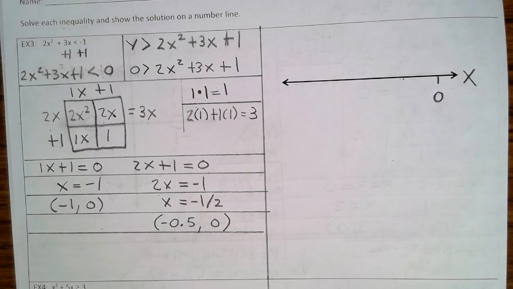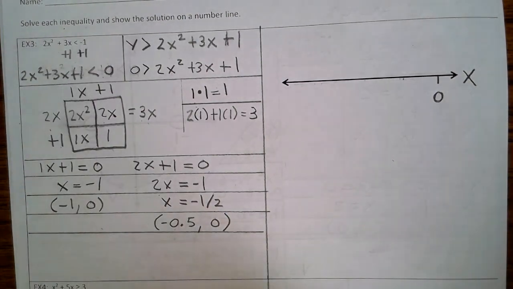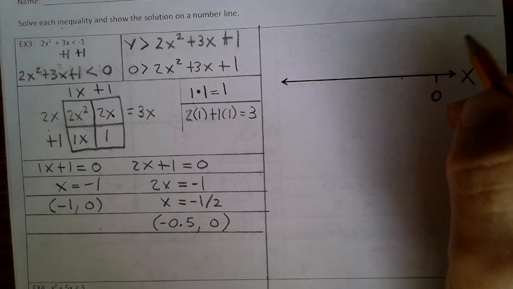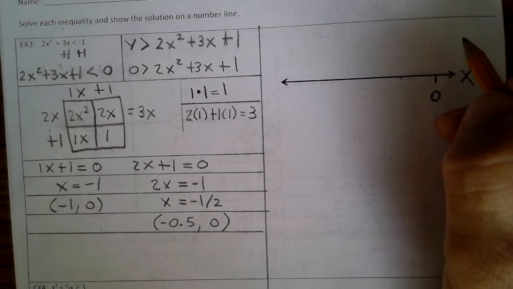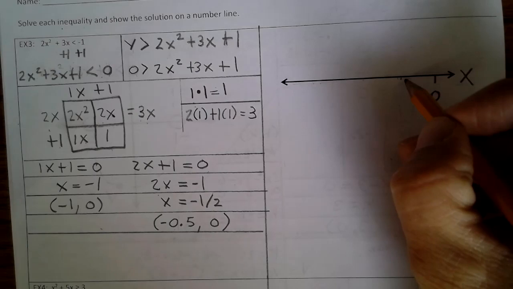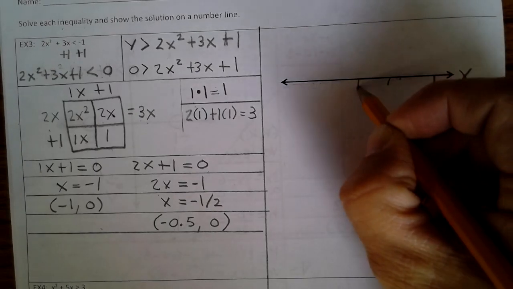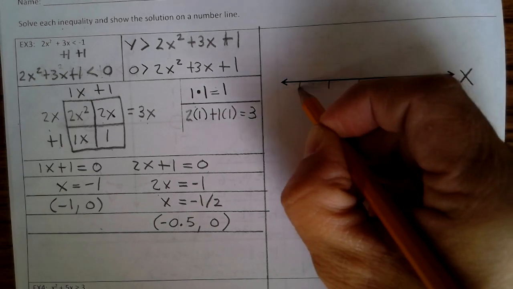Okay. So now, you notice both of our numbers are negative, so we can put our 0 here on the number line. And there's no line, so we have an open circle at -0.5, and we can make tick marks. So this would be a half, 1, 1.5, 2.